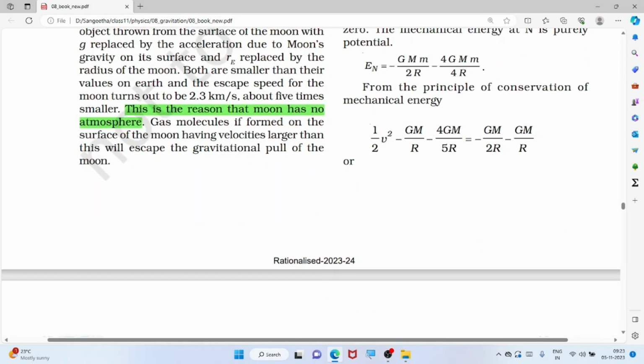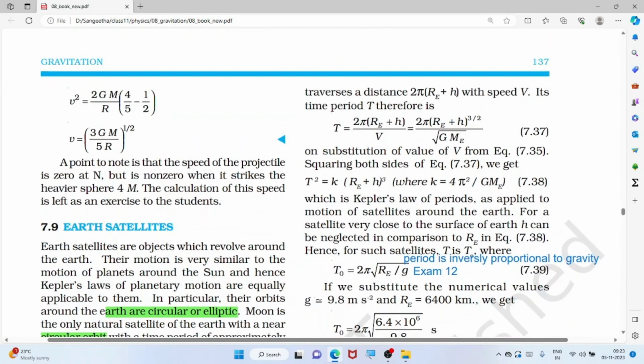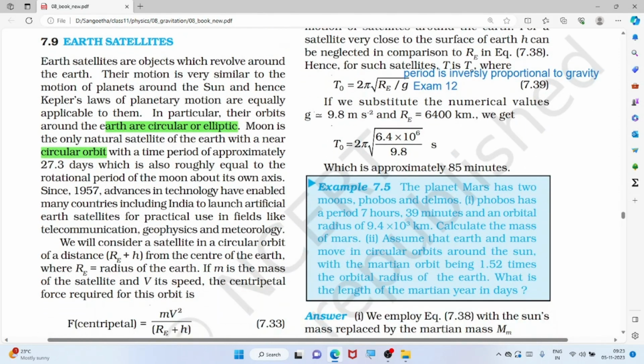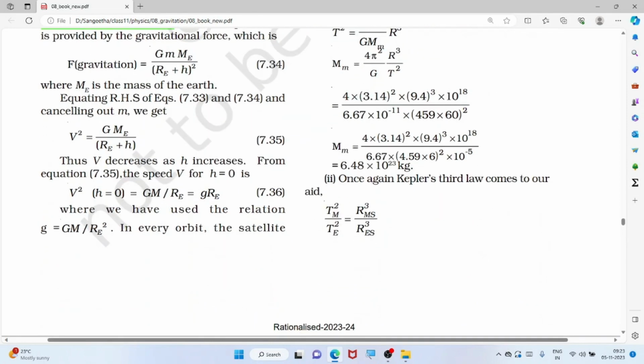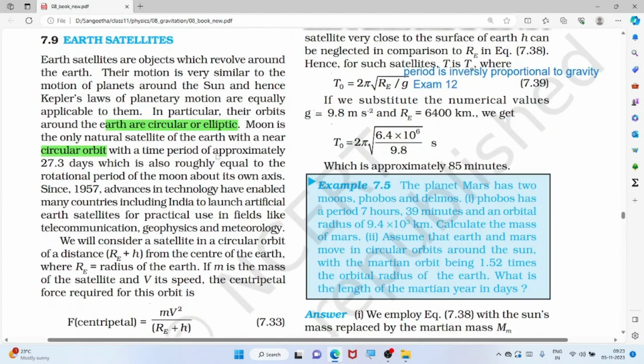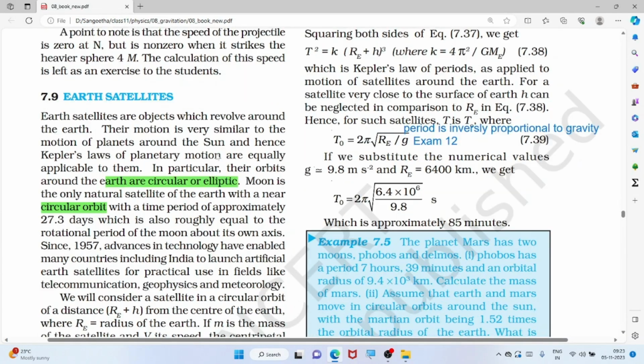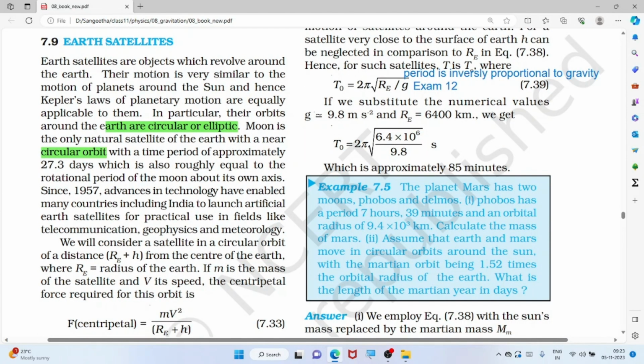You can go through it. Earth satellites, elliptical orbit. The centripetal force is directed toward the center. This is the period of that orbiting satellite. The period is inversely proportional to the gravity.